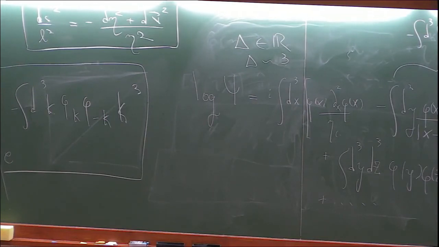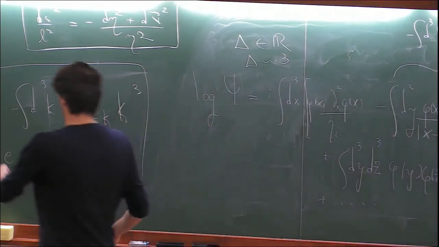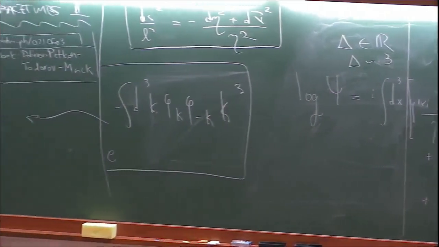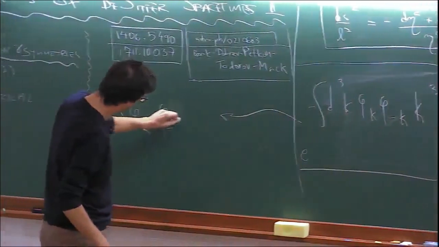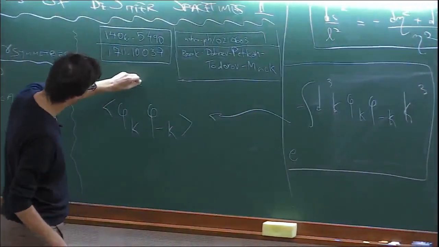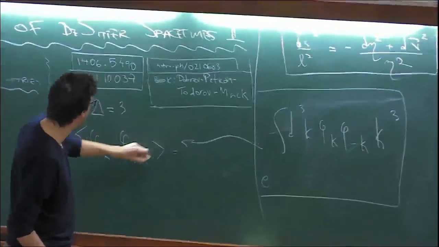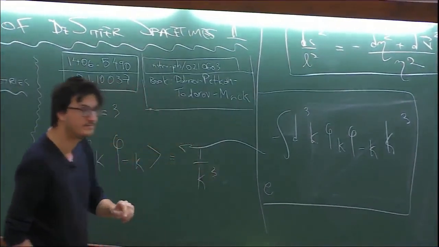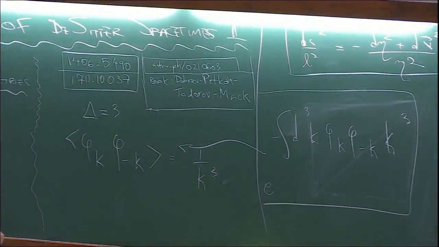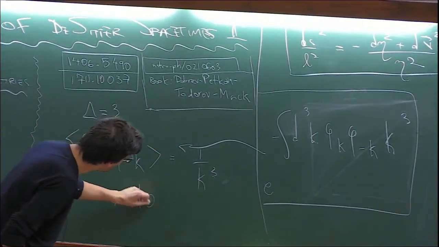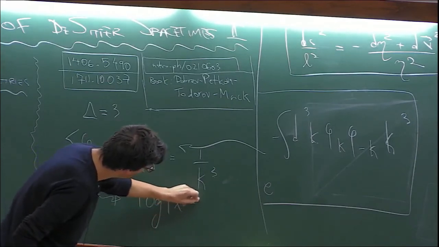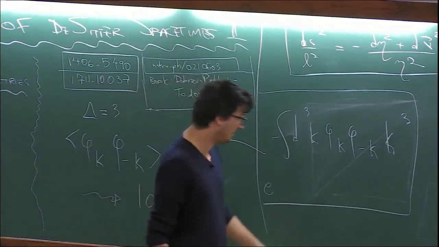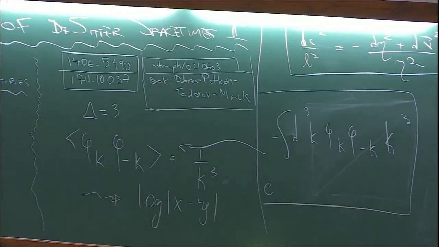For example, for delta equal 3, or for the massless case, we have a 1 over k cubed, and if we take the Fourier transform of this object, we get a logarithm of the distance between the two insertions.